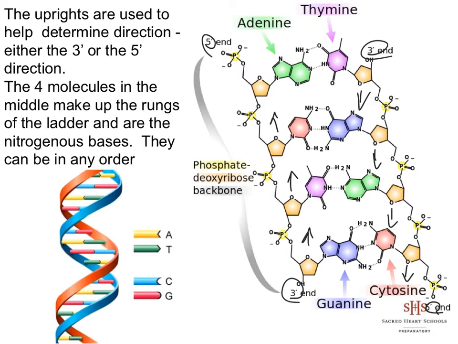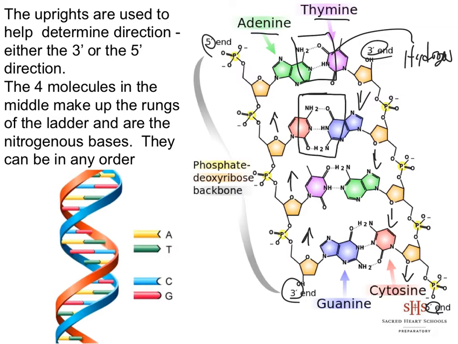Another thing that you may notice is that if you have adenine and thymine, you only have two bonds. These bonds are hydrogen bonds. But if you have cytosine and guanine, you have 3 bonds.